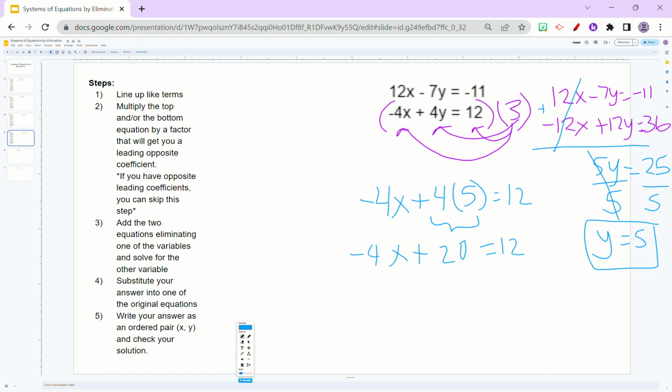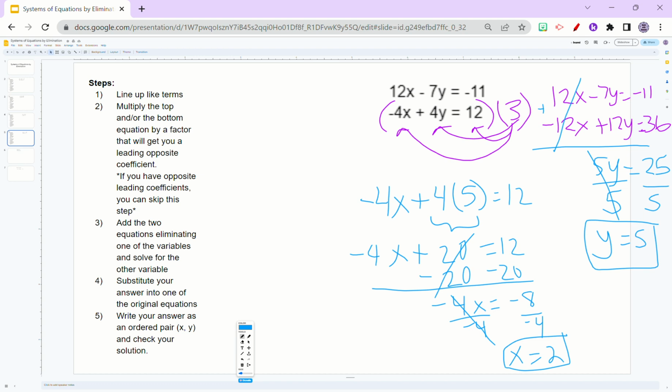And then we have negative 4x. So let's subtract 20 on both sides, and we have negative 4x is equal to negative 8. Then we're going to divide both sides by negative 4, and we get x is equal to 2.